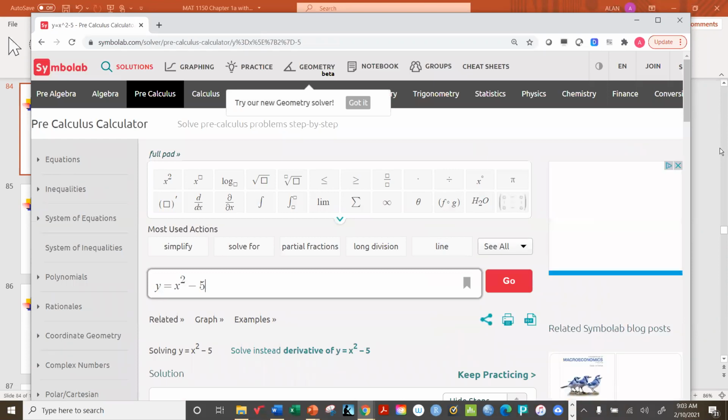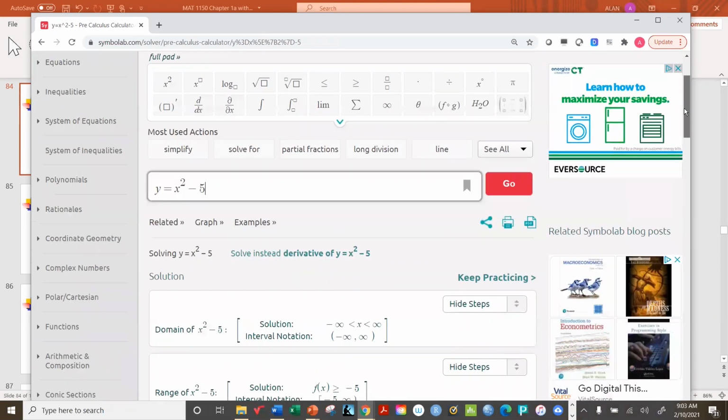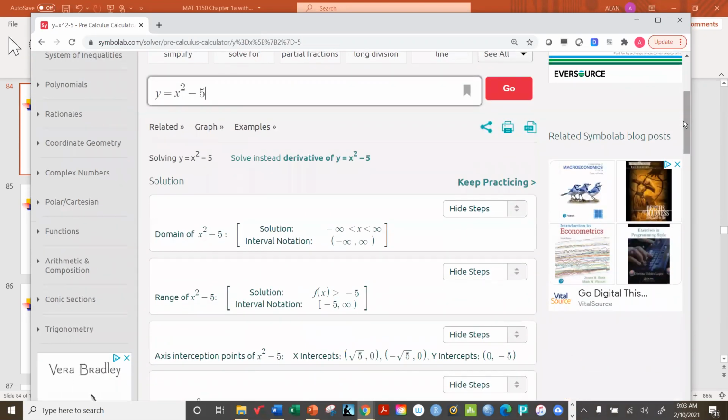All right, so it's going to spoil the fun by telling us that the domain is all real numbers, but the range is everything from -5 up to infinity.